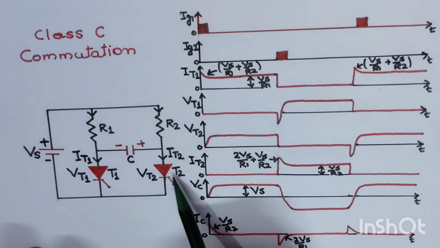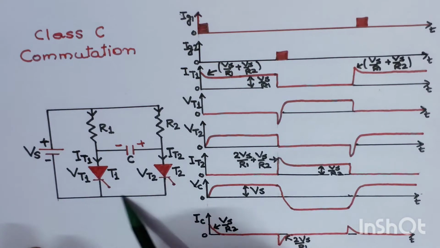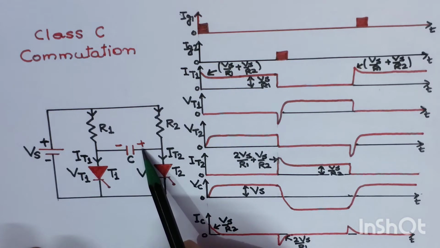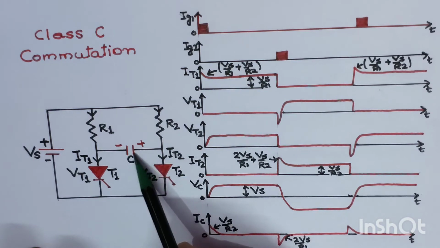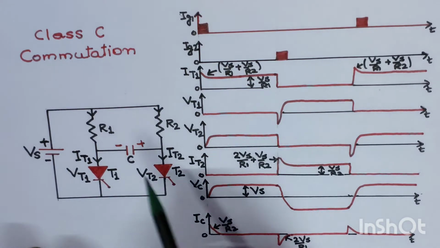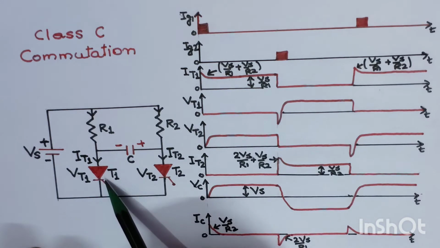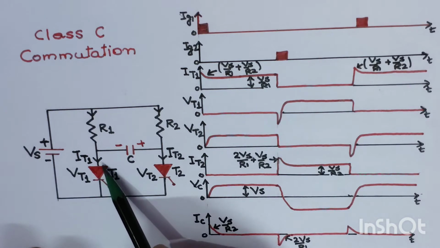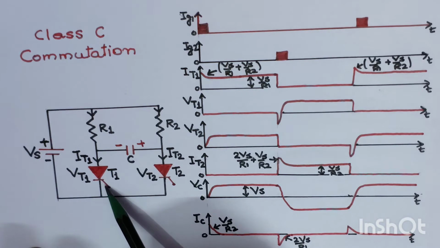Once thyristor T2 is switched on, it provides a short circuit path, and the positive polarity of the charged capacitor C will be connected across the cathode of thyristor T1. So the thyristor T1 will be reverse biased and will be switched off.